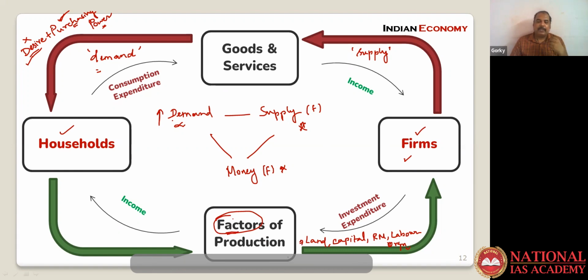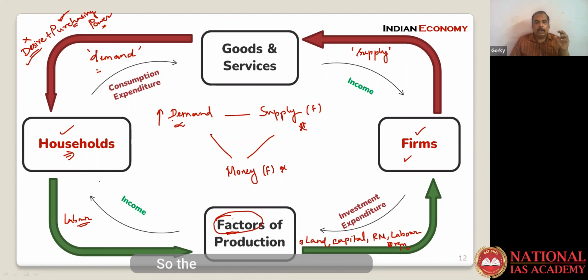How are these factors of production provided? They are provided by the households. One of the household will go as a laborer, right? One of the household will give credit. One of the household will have land and will try to lease out the land. Likewise, one of the household will establish that particular company.